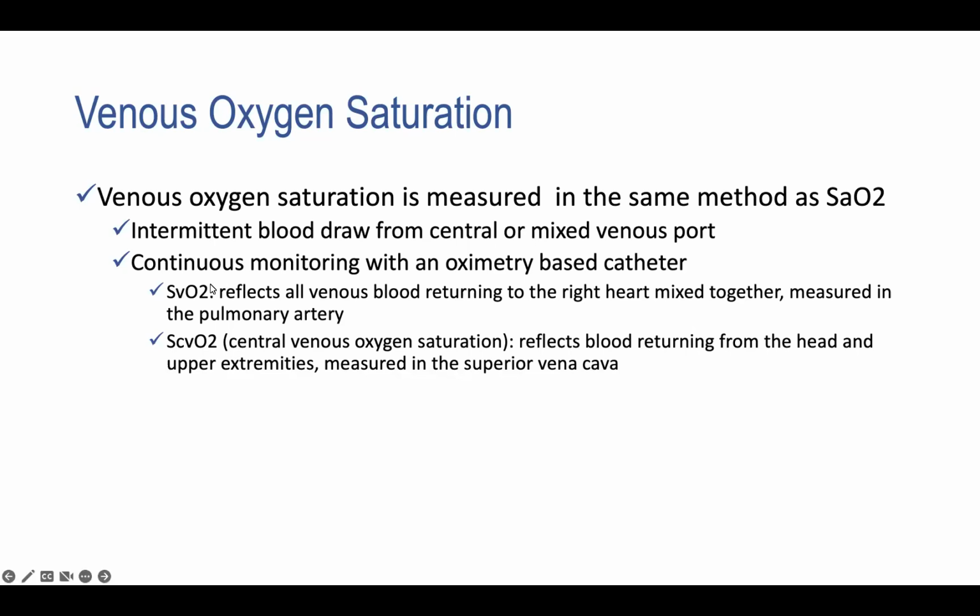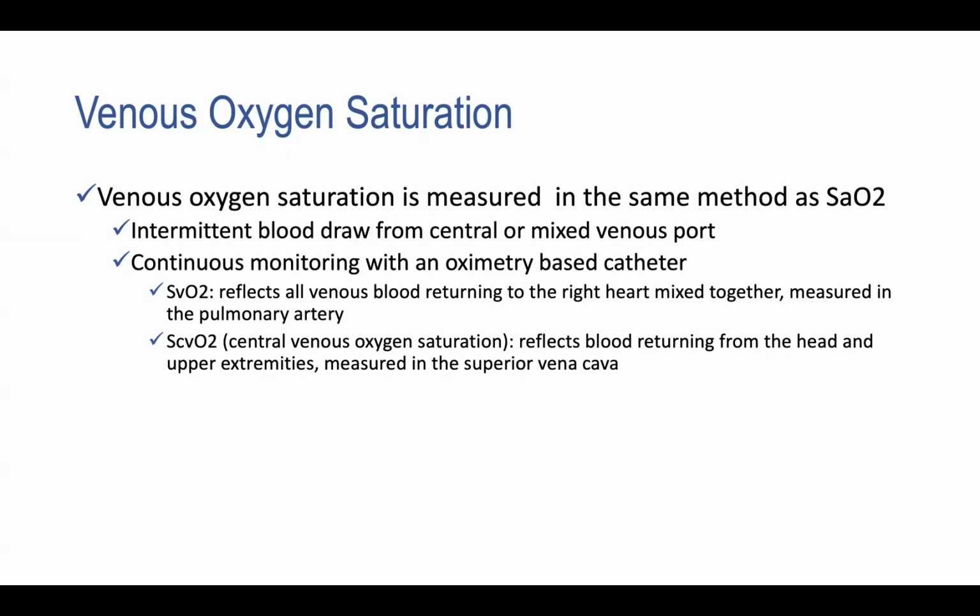Now remember, SvO2 is what we call mixed vein. It means all the veins drop their blood in the right atria, mixed in the right ventricle, mixed up into the pulmonary artery, but it is only venous blood, but it's representative of every single cell and organ. Central venous oxygen measurements are not reflective of every single cell and organ.